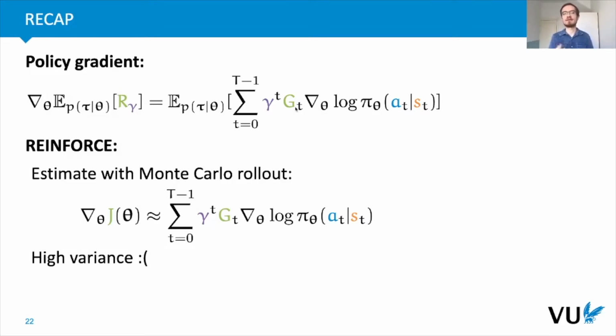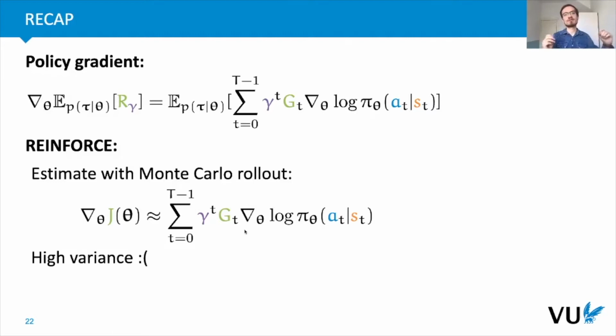So REINFORCE basically just estimates this by sampling a trajectory and computing this, and then saying, okay, that's our gradient. But it doesn't really work that well because it has very high variance. That basically means that we need a lot of samples, and to get good convergence, we need to do a lot of batches together, and we need to deal with very noisy gradients that go everywhere.